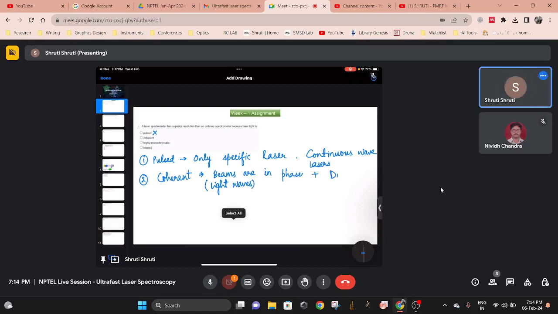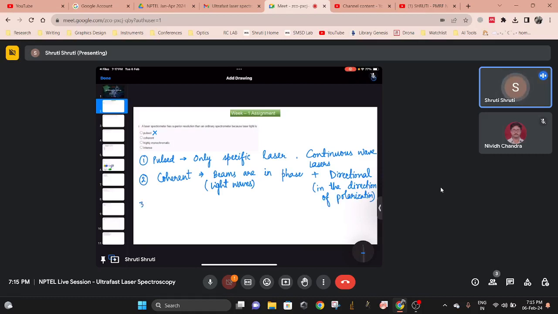Plus directional, in the direction of polarization. Okay, so this is a good property.